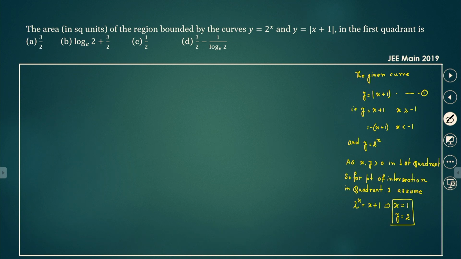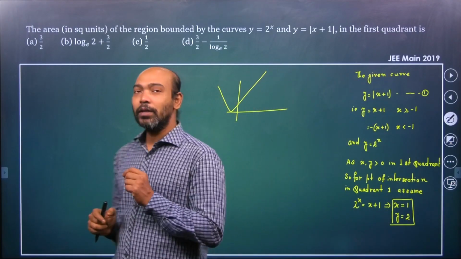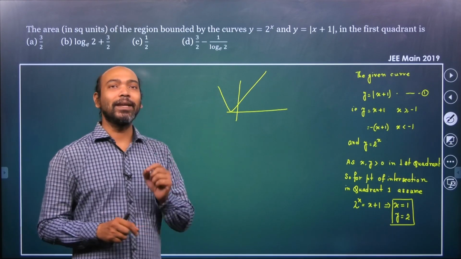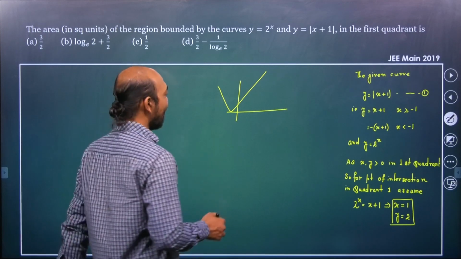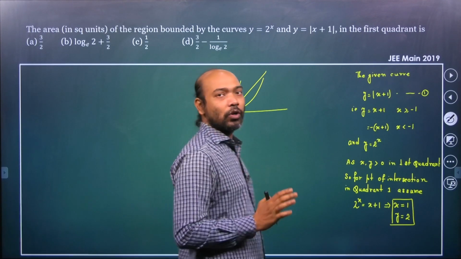And also, what is the curve? Now let's try to understand that plot. Mod of x plus 1 will be something like that, because that gives us the mod function. Now y equal to 2 to the power x. If I substitute x equal to 0, it gives me 2 to the power 0 equal to 1, and that's why the curve will be something like this. So that will be the plot of 2 to the power x.